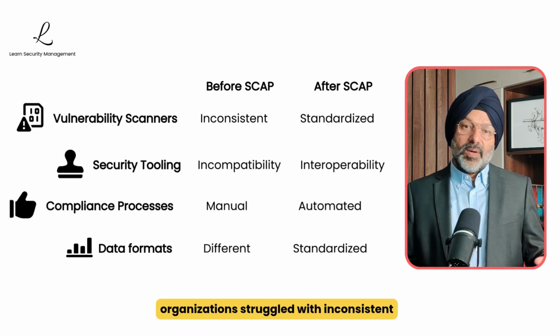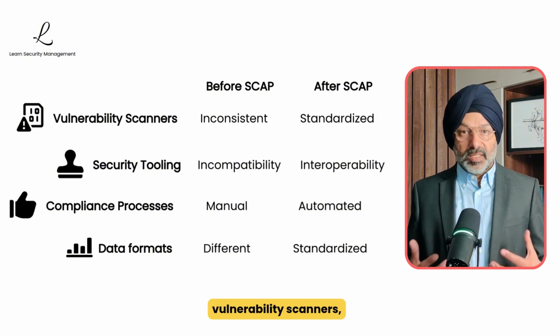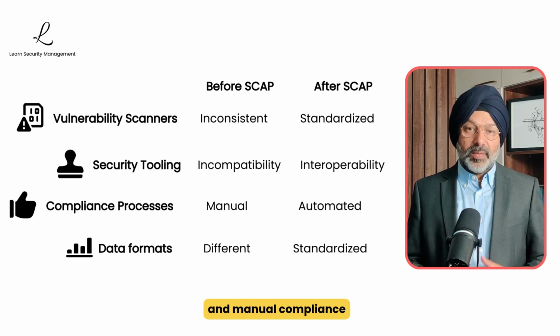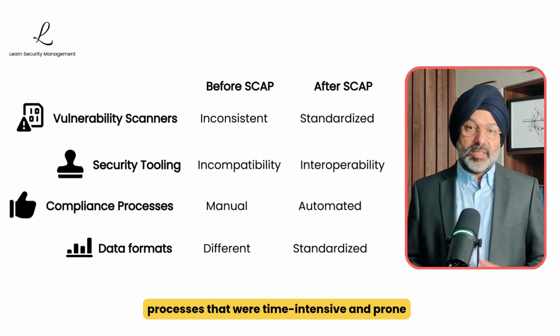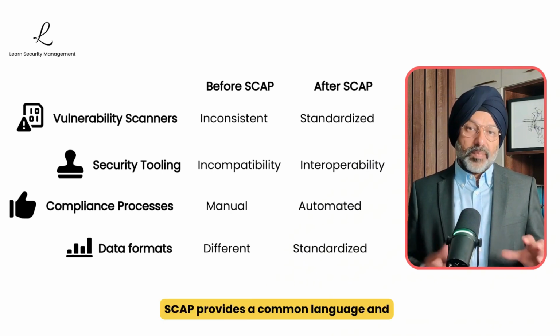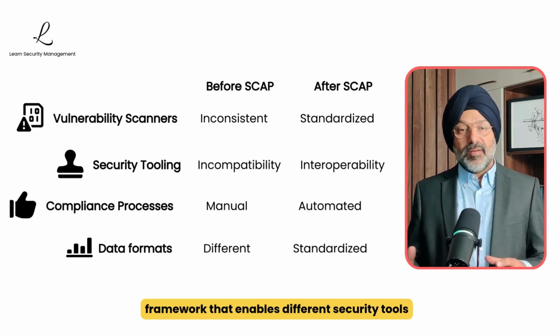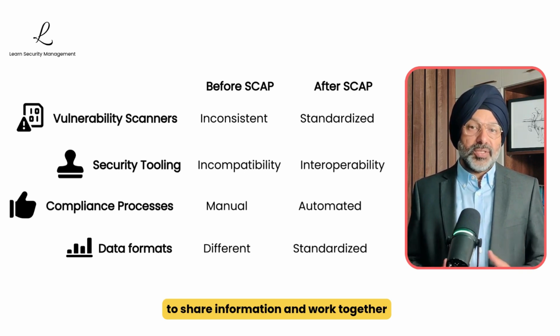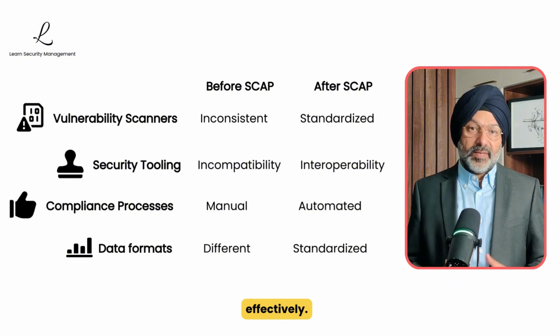Before SCAP, organizations struggled with inconsistent vulnerability scanners, incompatible security tools, and manual compliance processes that were time intensive and prone to errors. SCAP provides a common language and framework that enables different security tools to share information and work together effectively.